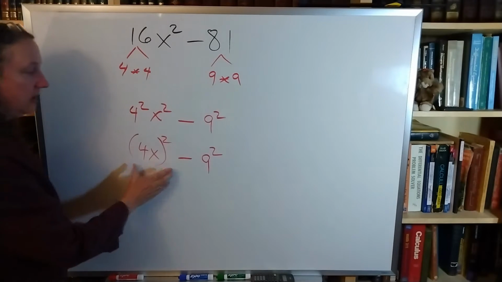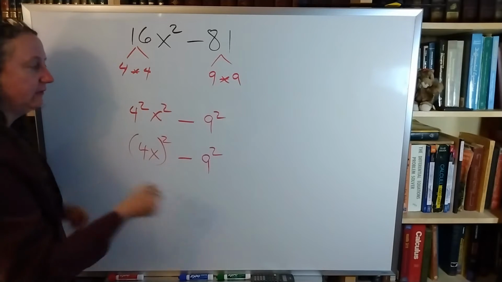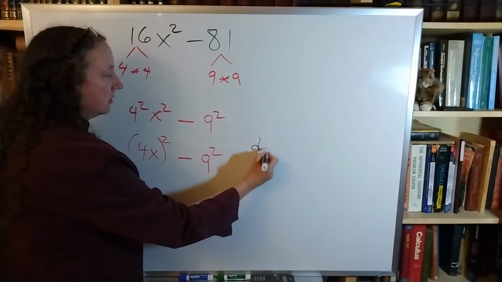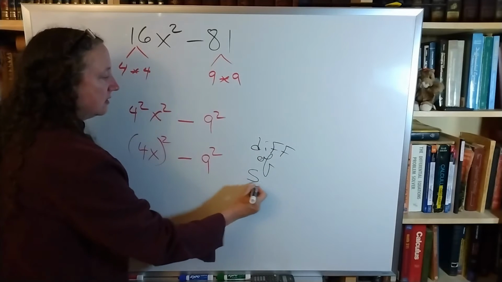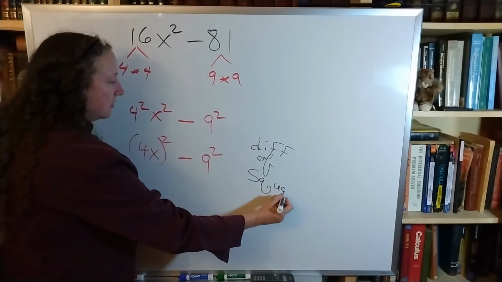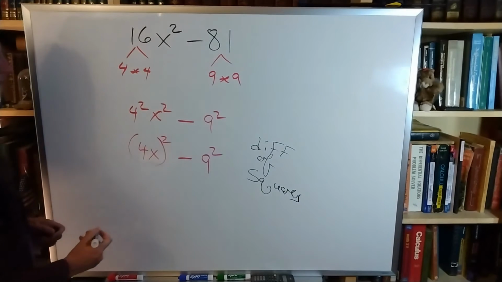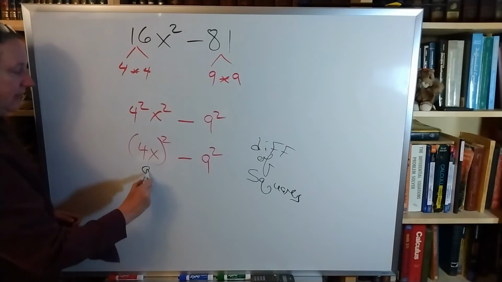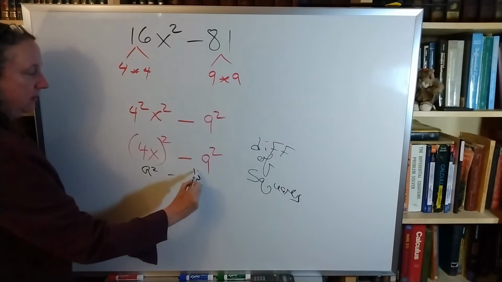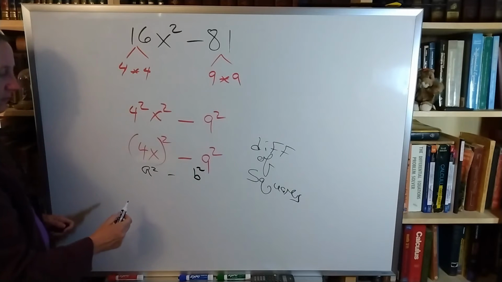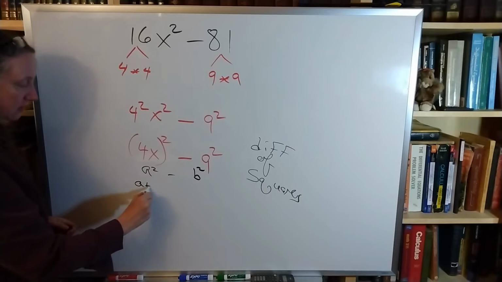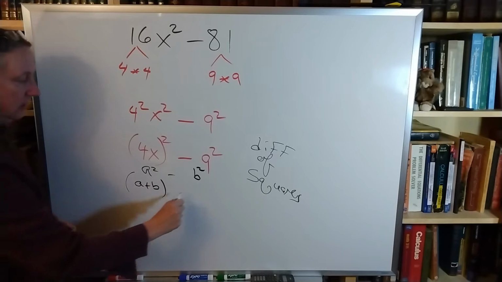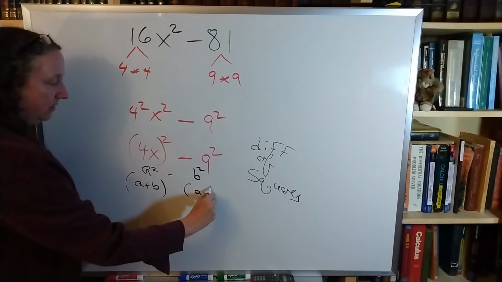I recognize this as being my difference of squares. So I have a squared minus b squared. So that's giving me a plus b times a minus b.